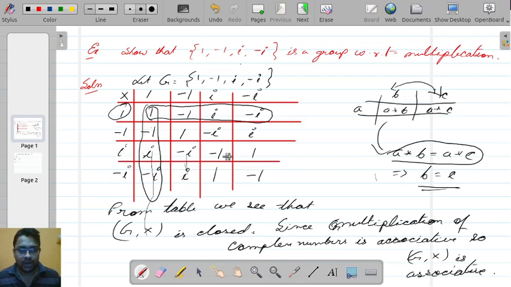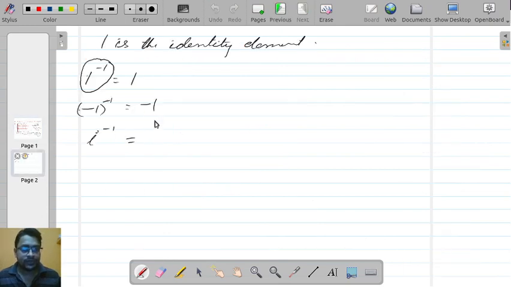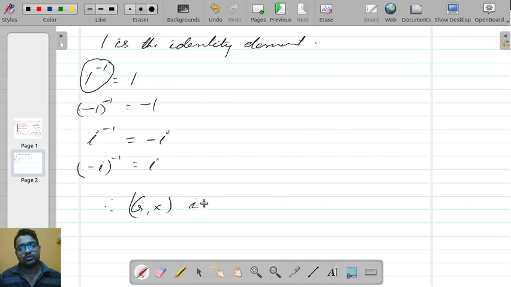I multiplied with which element gives you 1? It's minus i. So the inverse of i is minus i, and the inverse of minus i is i. These are the inverses of each element. Therefore G cross is a group.